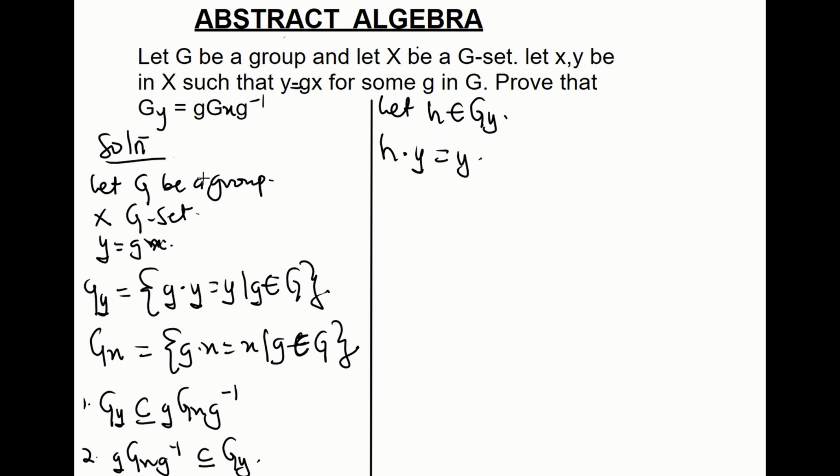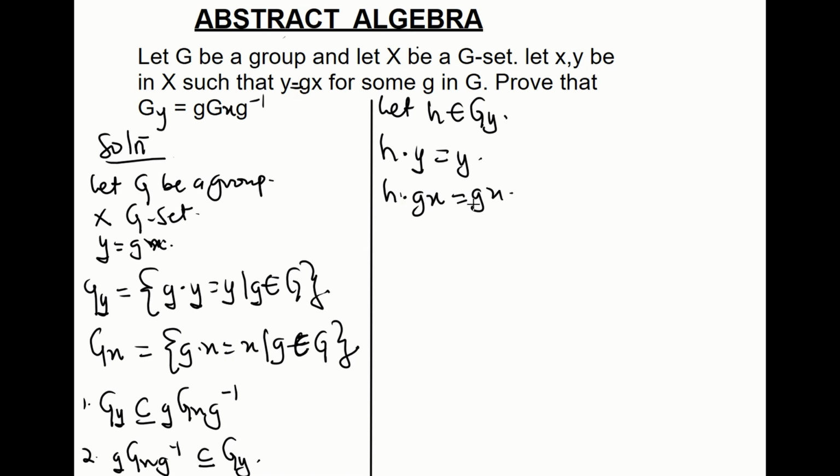From the question, we see that y is equal to g·x. Since y is equal to g·x, we are given that h composed with g·x is equal to g·x.